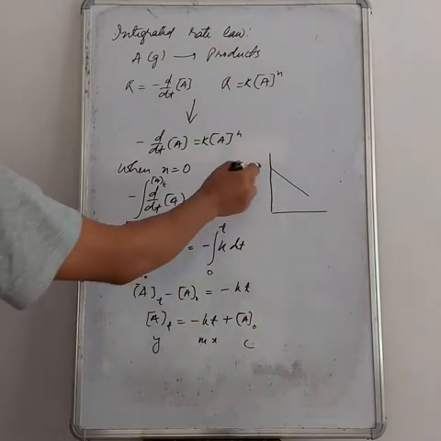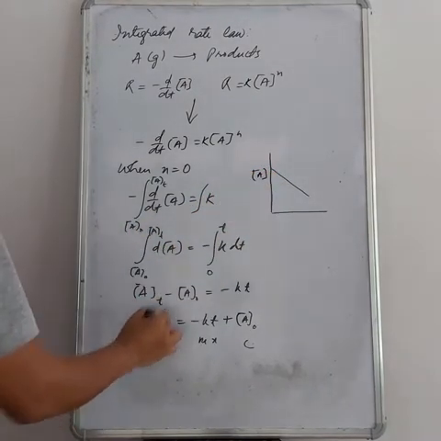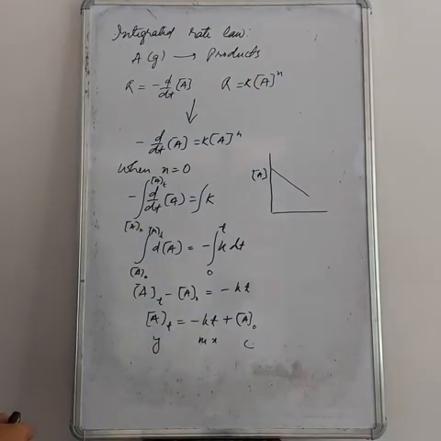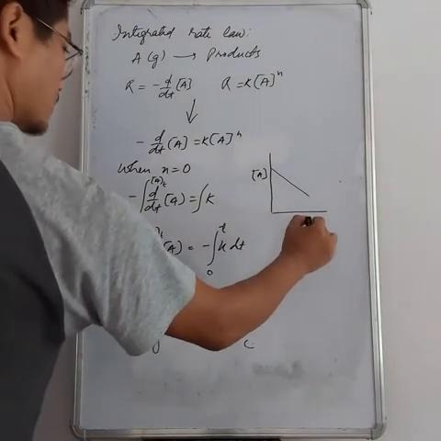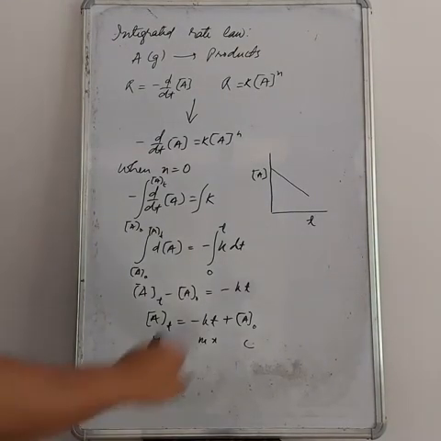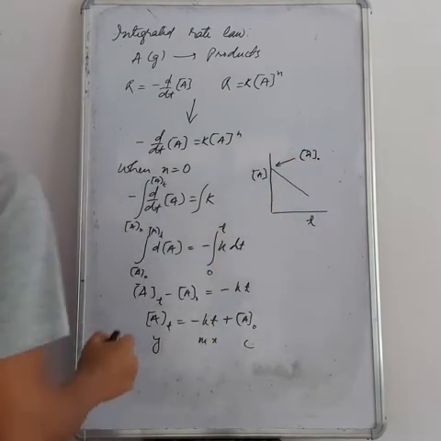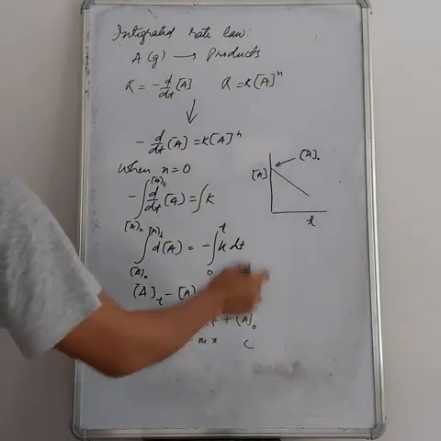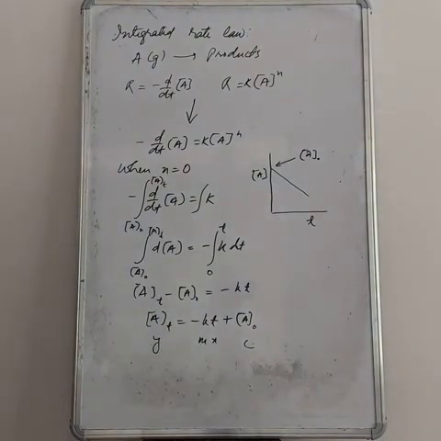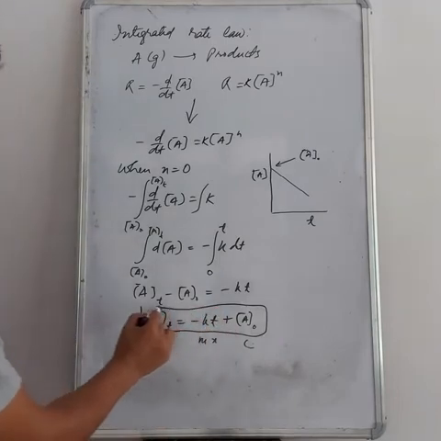Our intercept here is our concentration A naught, because y is equal to A, and here the x-axis is our time. So that is how our integrated rate law for zero order will look. So this is our expression.